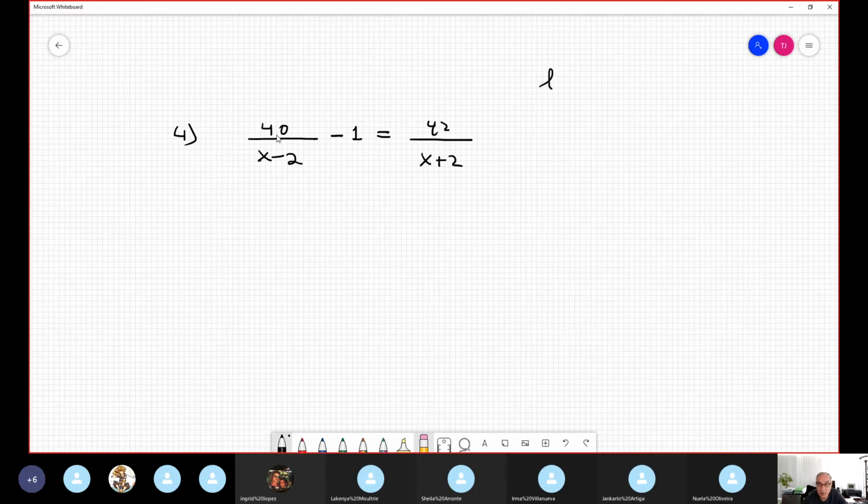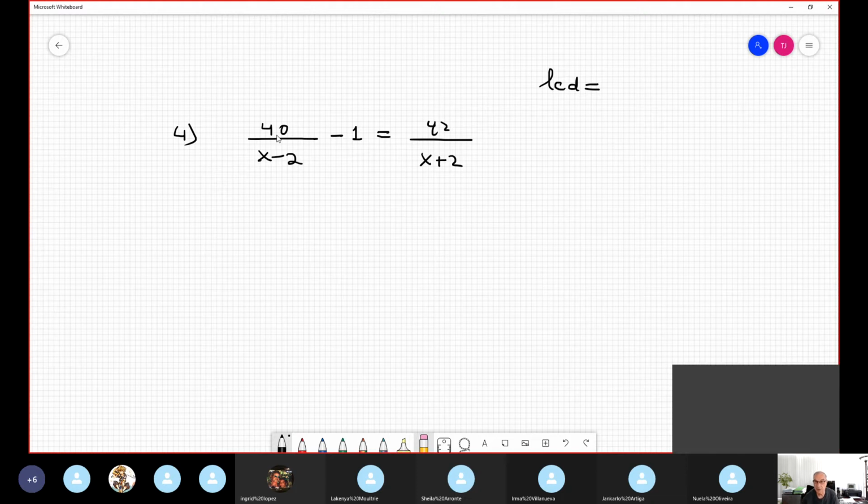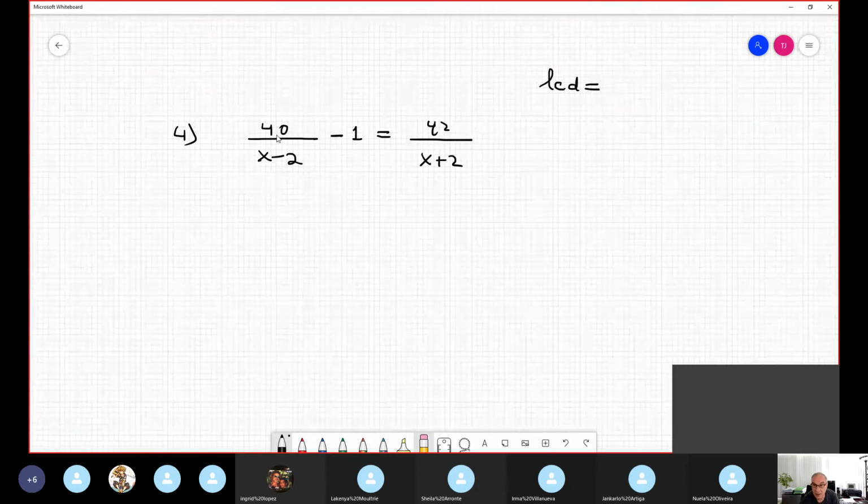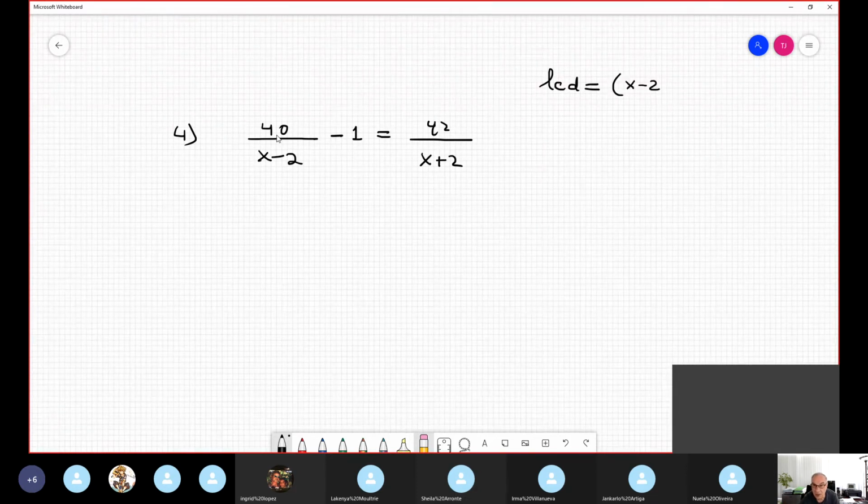Okay, what is the least common denominator in this case? X minus 2 only? X minus 2 and x plus 2. Yes, both, no? Both. Very well.